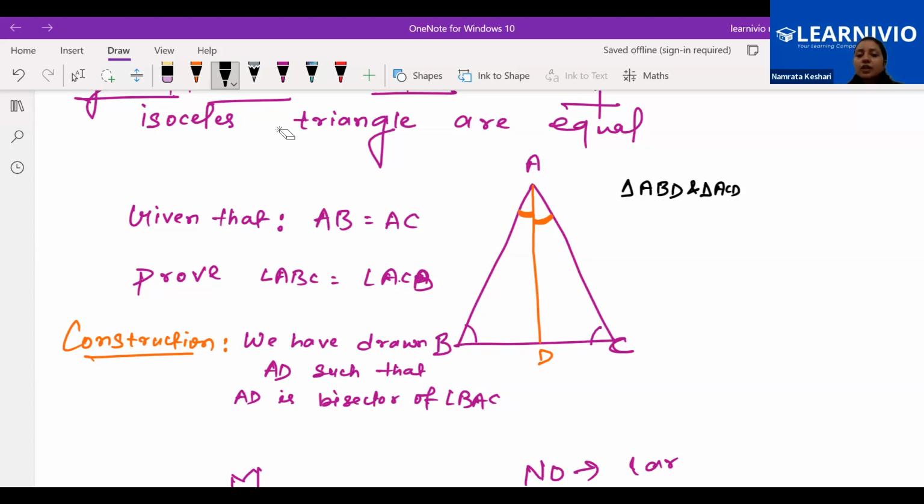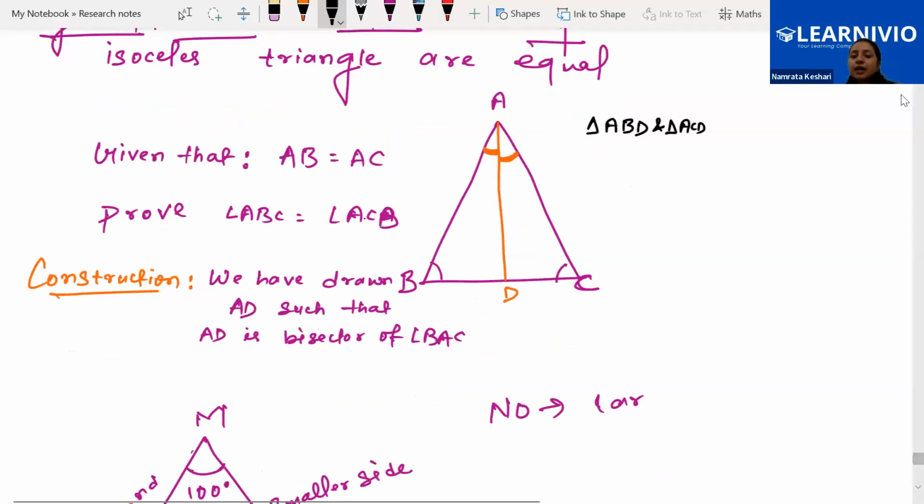If we have taken triangle ABD and triangle ACD, can we say AB over here is equal to AC over there, right? Yes, ma'am. We have drawn a bisector, so angle BAD over here is equal to angle CAD over there, right?